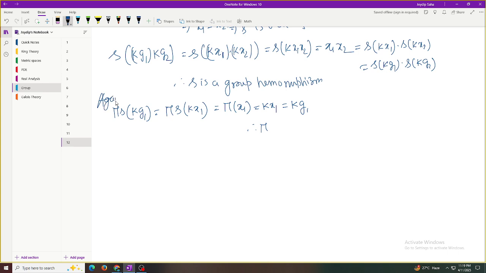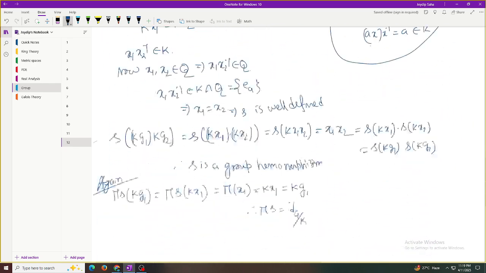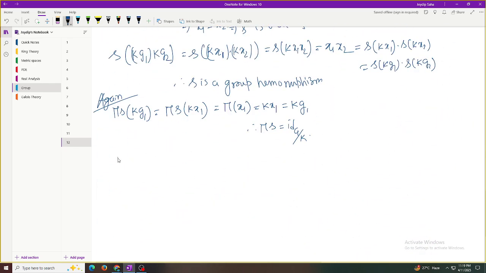Again, pi compose S equals identity. Okay, check that Q to G mod K, x1 goes to Kx1, gives an isomorphism.